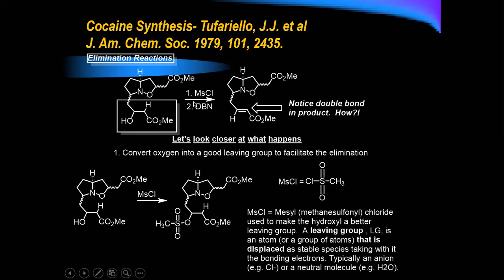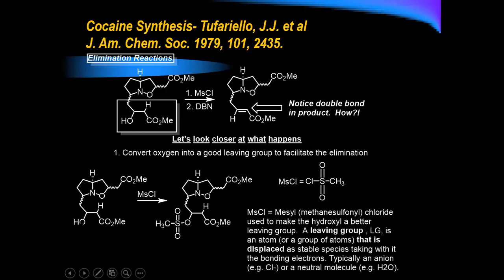So let's walk through that part of the synthesis, right? You have an OH group here that's a really terrible leaving group. So what I need to do is make it a better leaving group. And one way to do that is to treat it with what's called mesyl chloride, or methane sulfonyl chloride. That's this molecule right here.